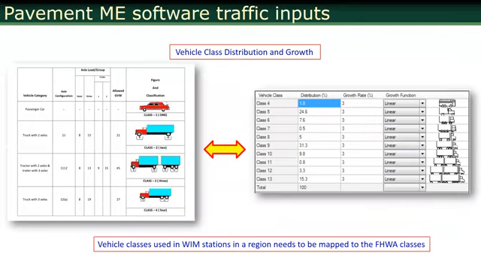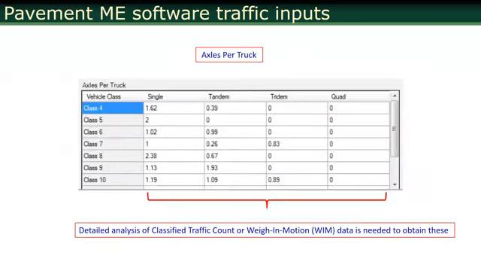If all the buses in your area look exactly like this, then you would enter here single, tandem, 1, 1.